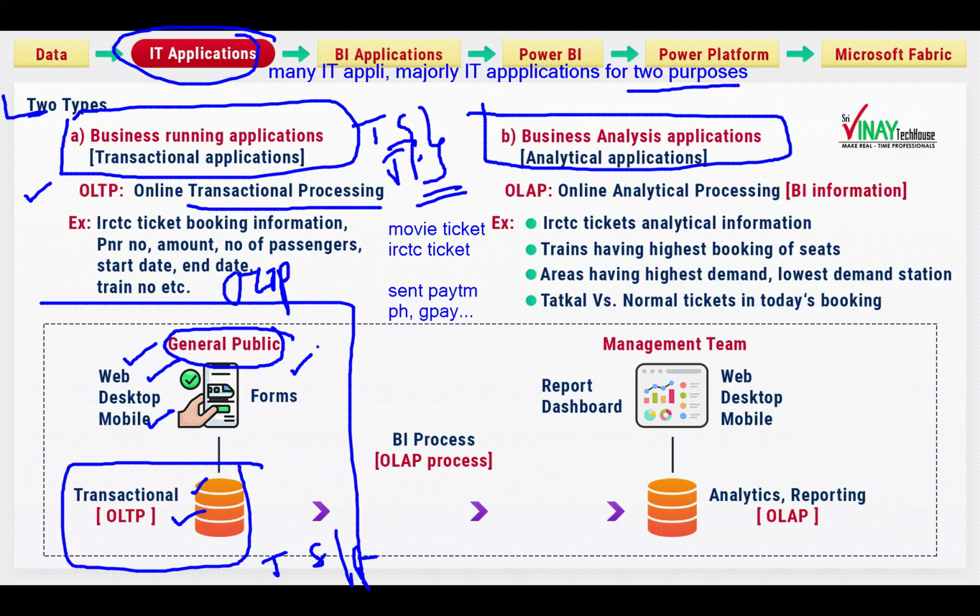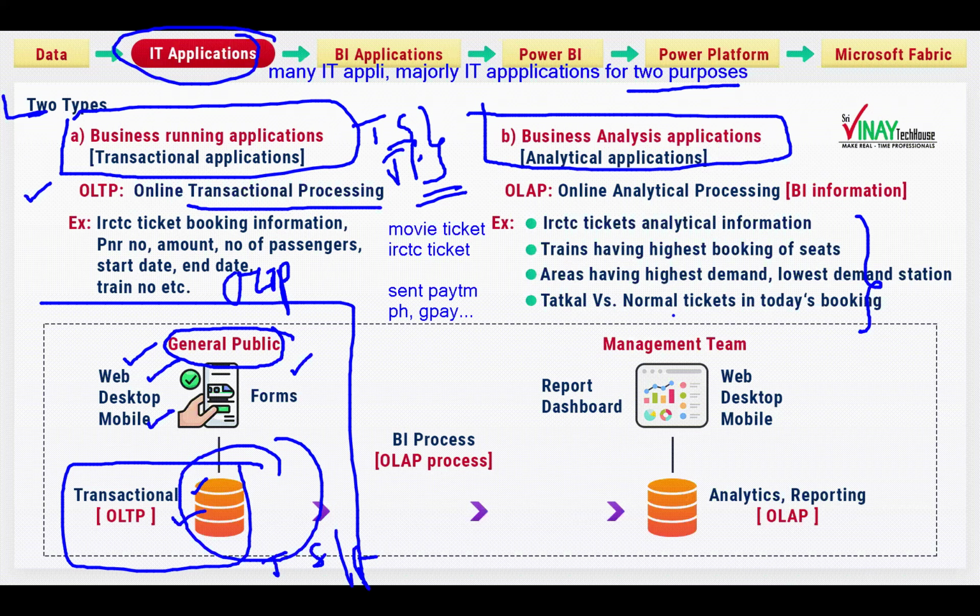Okay, this data the management people want to analyze, not keep on running the business. We require proper analysis so that we can take appropriate decisions to grow. As part of growth of the organization, effective decisions and better insights are always needed. How is it possible? Example, train tickets, IRCTC data.